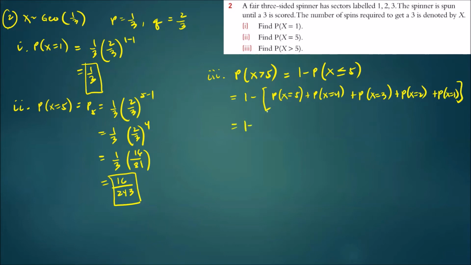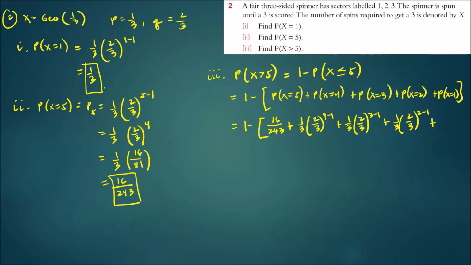So this is 1 minus, we already computed this in II, so that is 16/243 plus x equal to 4 would be 1/3 multiplied by (2/3) raised to 4 minus 1. X equal to 3 would be 1/3 multiplied by (2/3) raised to 3 minus 1. X equal to 2 would be 1/3 multiplied by (2/3) raised to 2 minus 1.